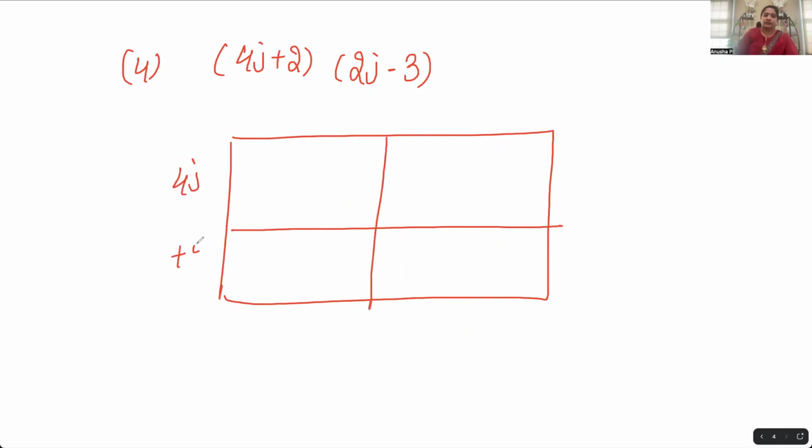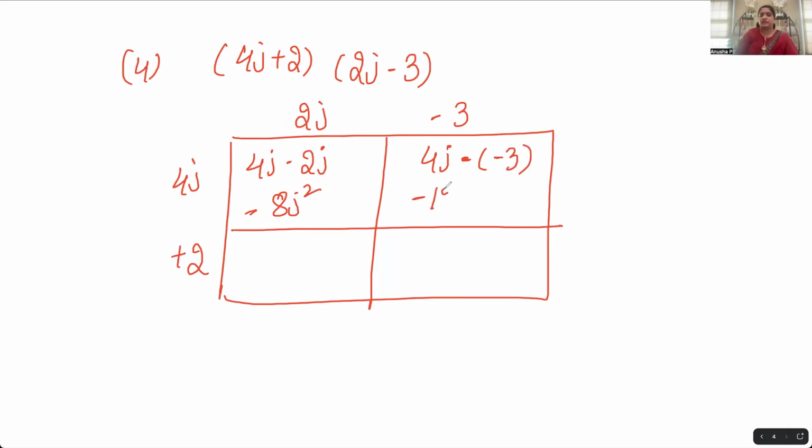Which is 4j plus 2 and 2j minus 3. 4j times 2j: 4 times 2 is 8 and j times j is j squared. 4j times minus 3, 4 times negative 3 is negative 12j. 2 times 4j is 4j. 2 times negative 3 is negative 6.